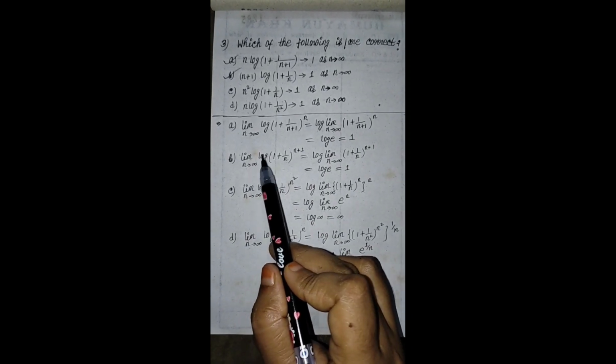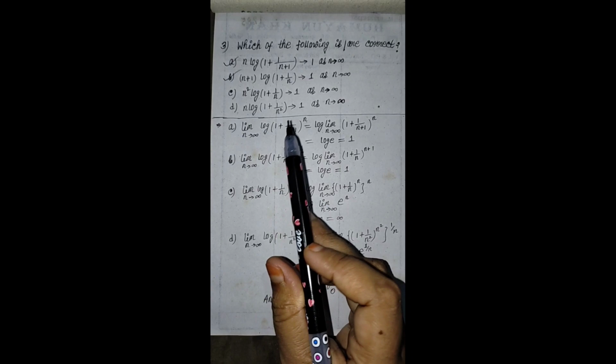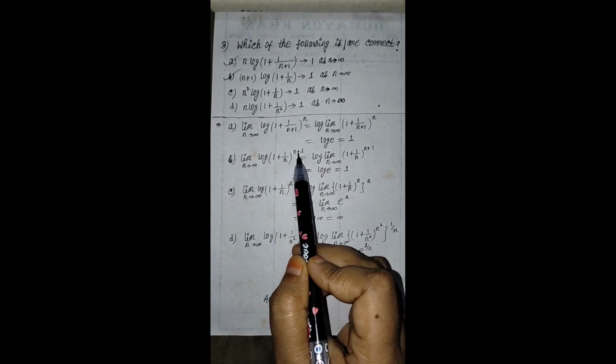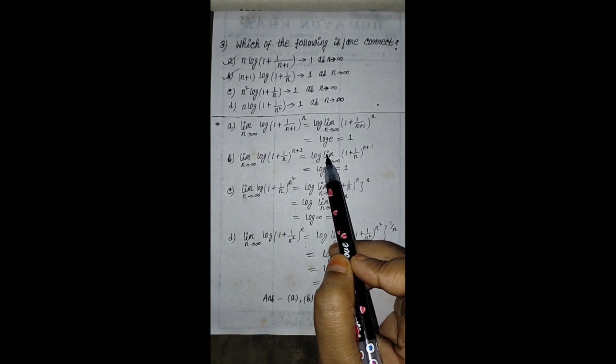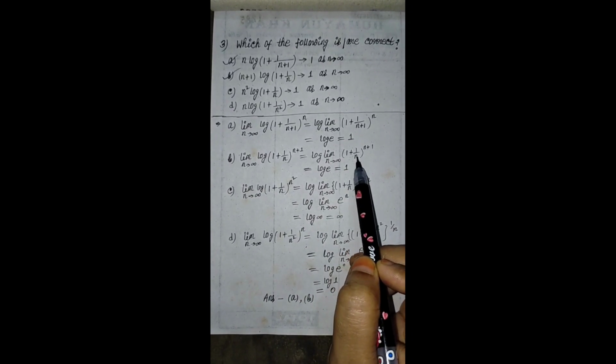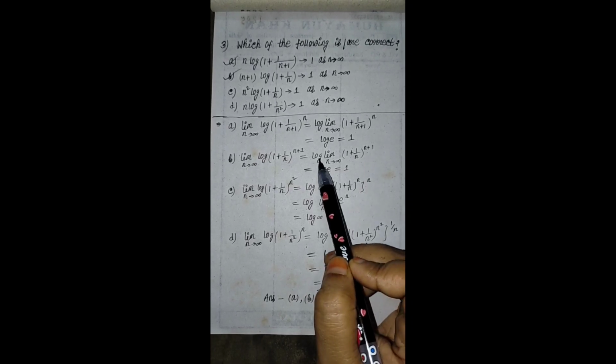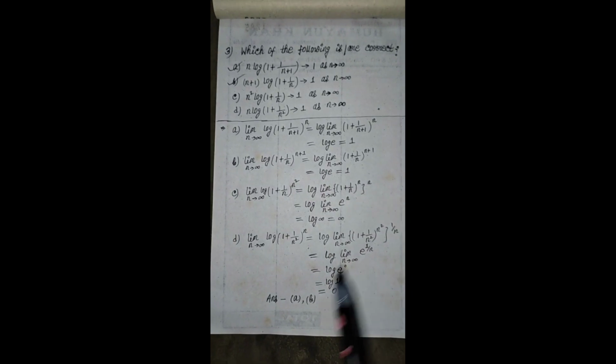And limit n tends to infinity (n plus 1) log(1 plus 1 by n) equal to log (1 plus 1 by n) power (n plus 1) equal to log limit n tends to infinity (1 plus 1 by n) power (n plus 1), that is log e equal to 1.